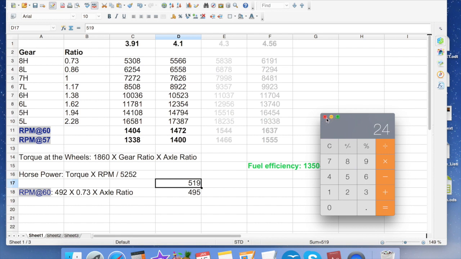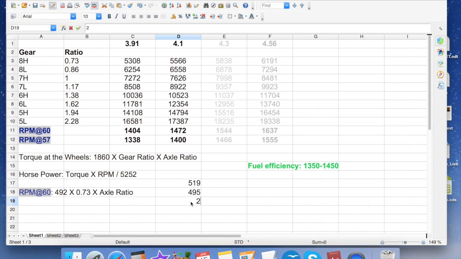Yep, 24 horsepower. So you only gain 24 horsepower. Now, is that enough, again, to justify spending $3,000 on new differentials? You know, somehow I don't think so.